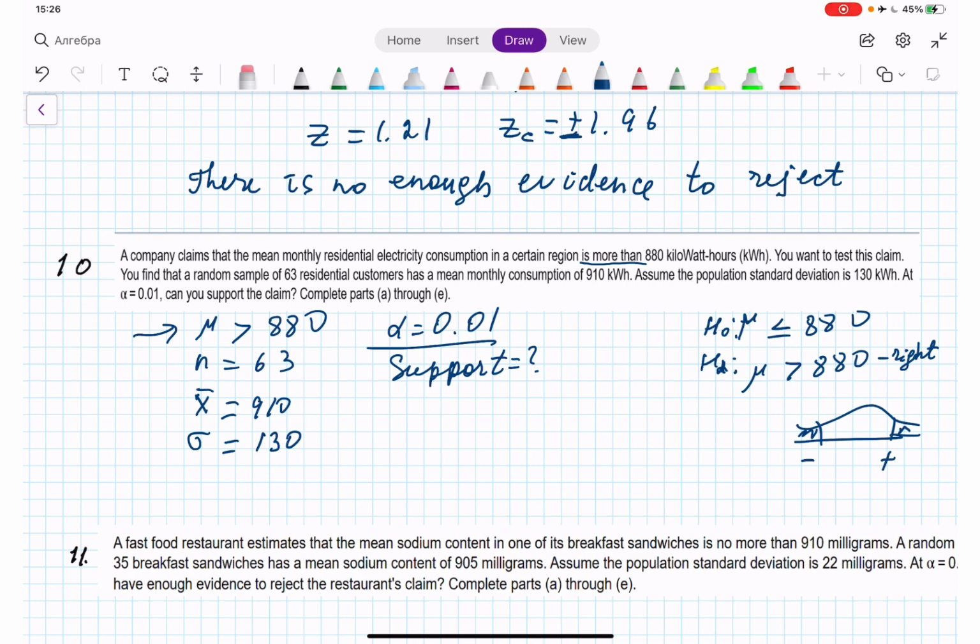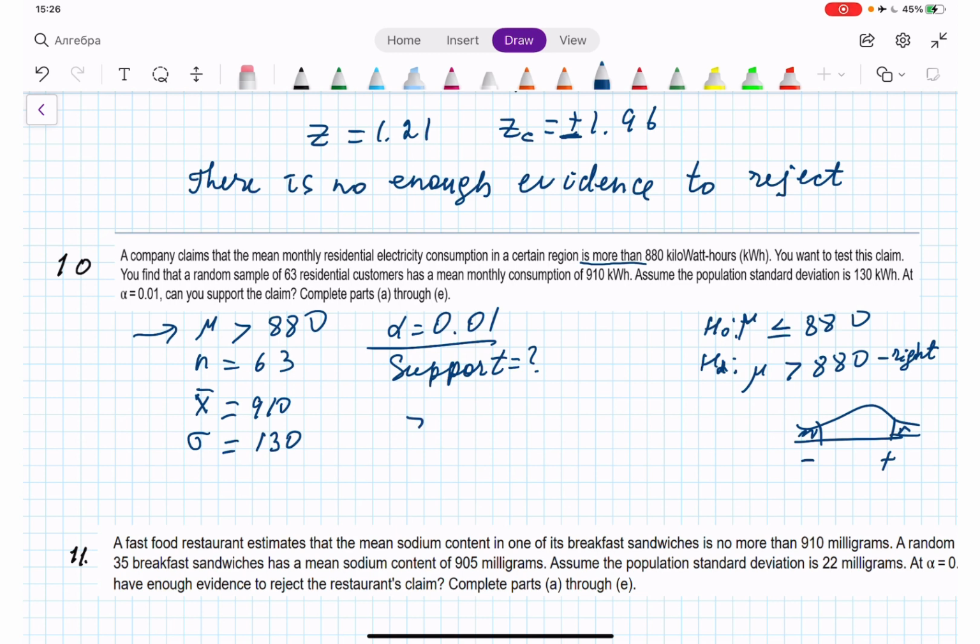To find the critical value, I go into the table and find the z-score for 0.01.